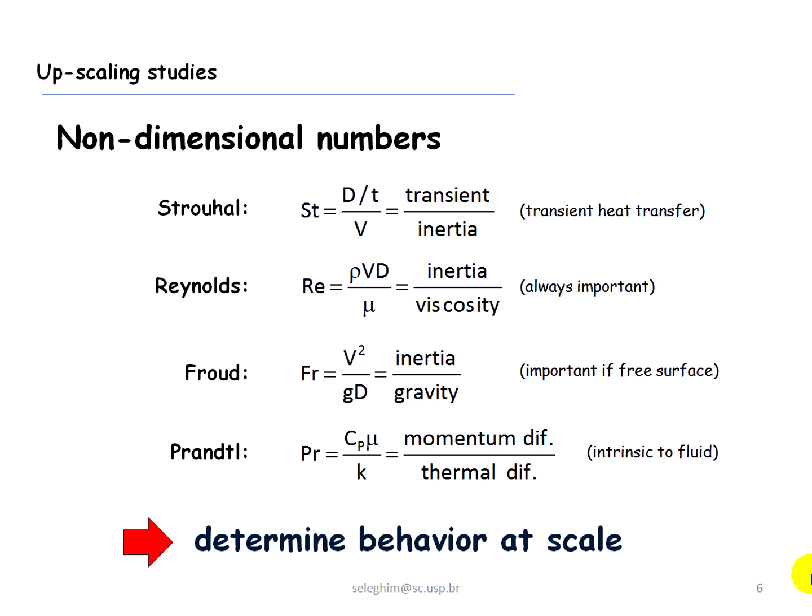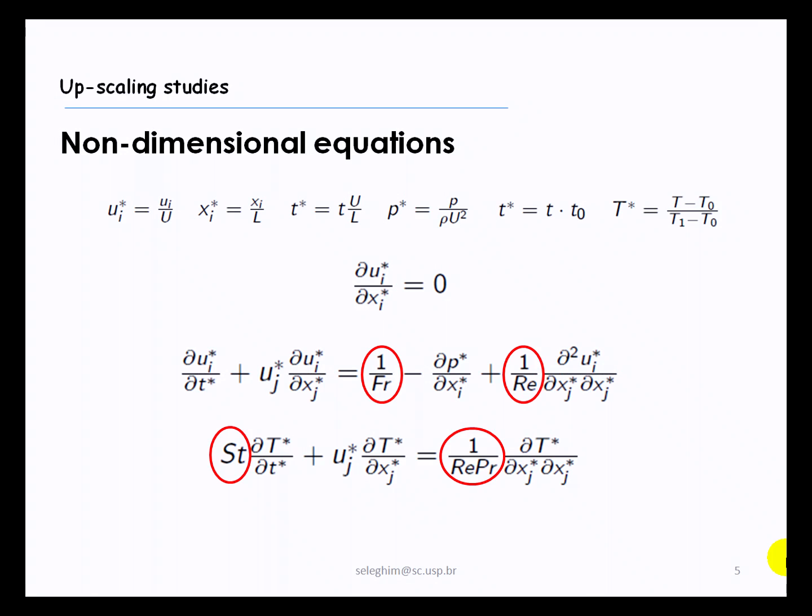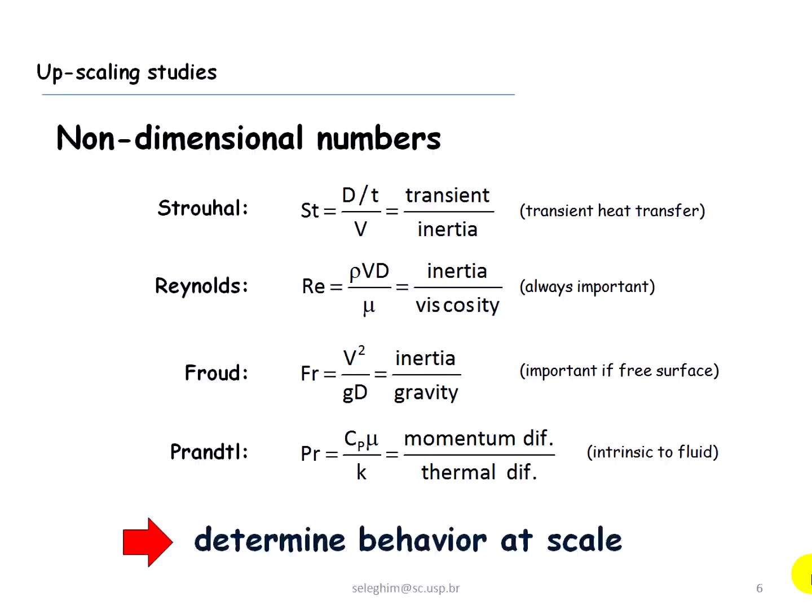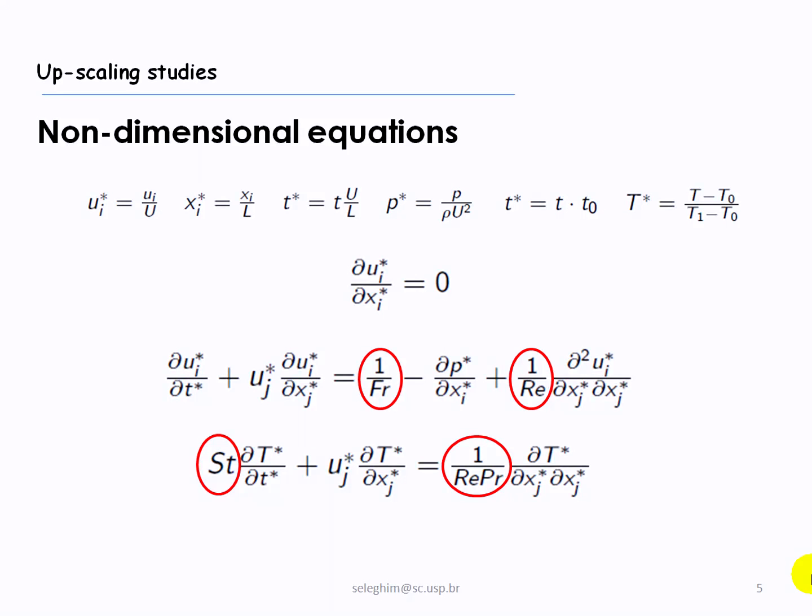It affects only the energy conservation equation. You have the Reynolds number, which is a quotient between inertia terms and viscosity terms. It affects the momentum equation and also the energy equation.